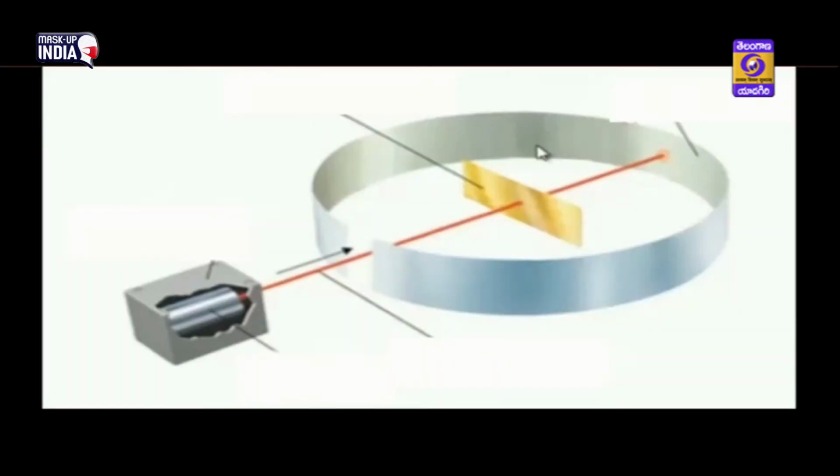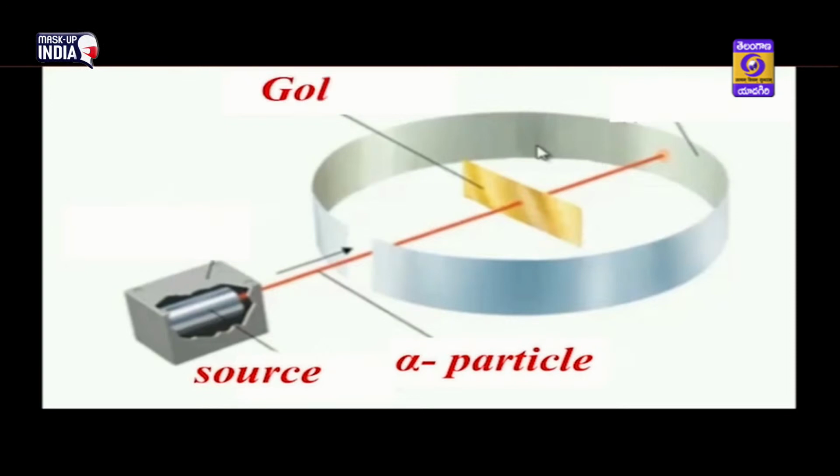Here alpha particles are generated by a source, and these alpha particles are allowed to pass through a gold foil. And the observations are recorded on the fluorescent screen.